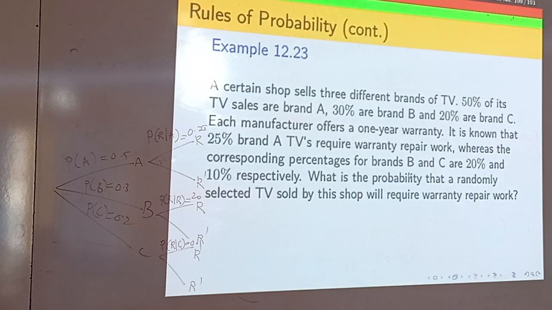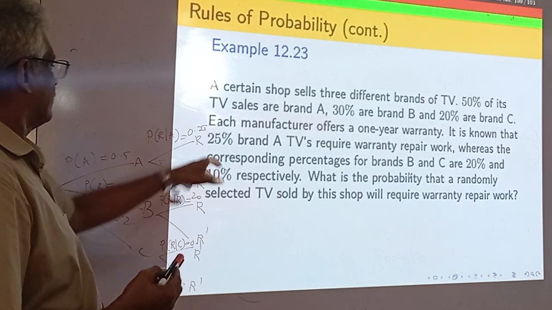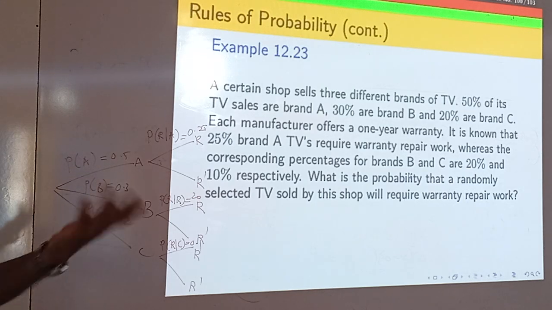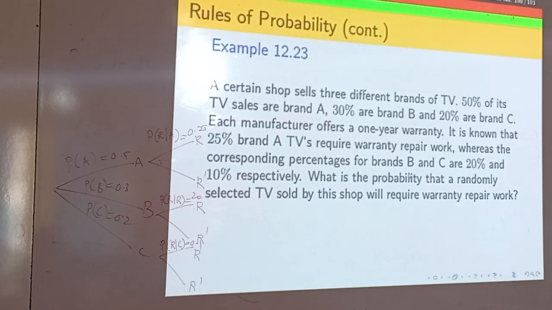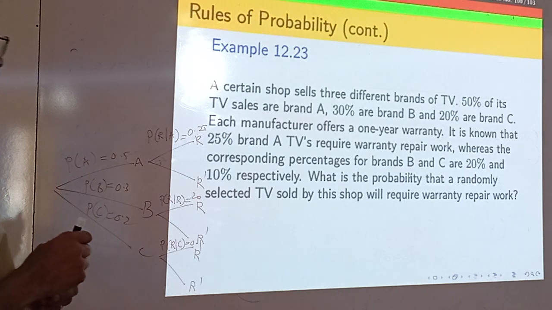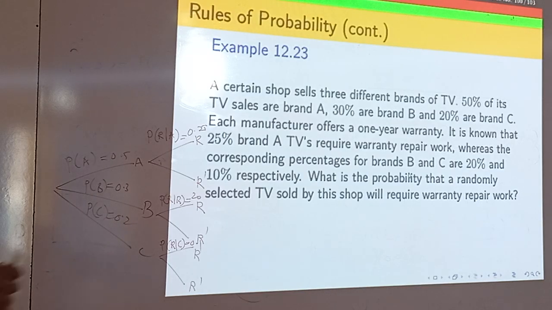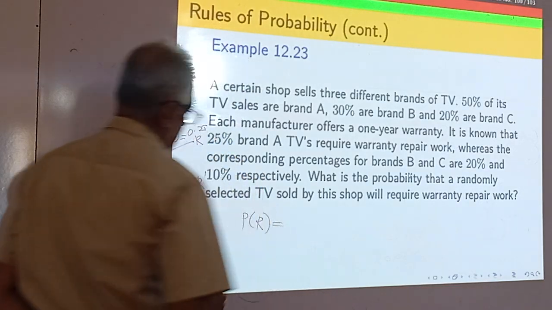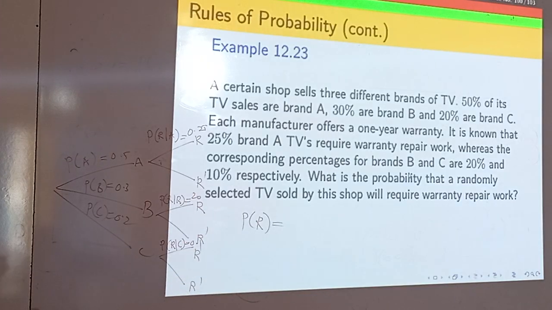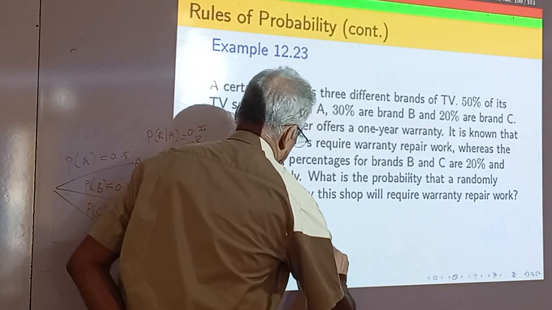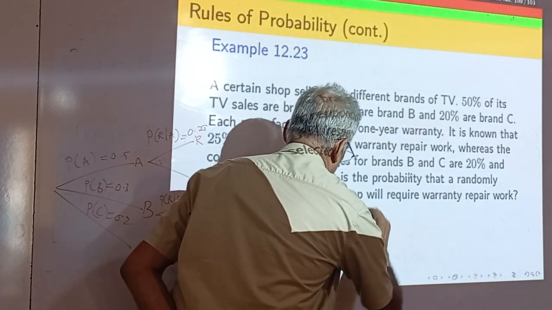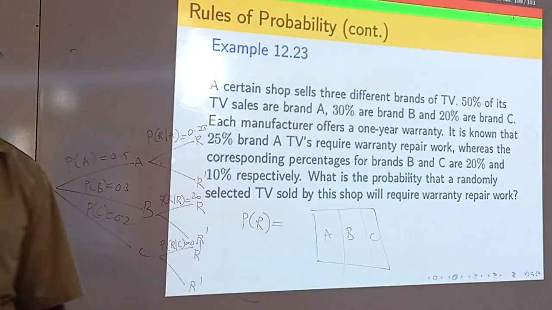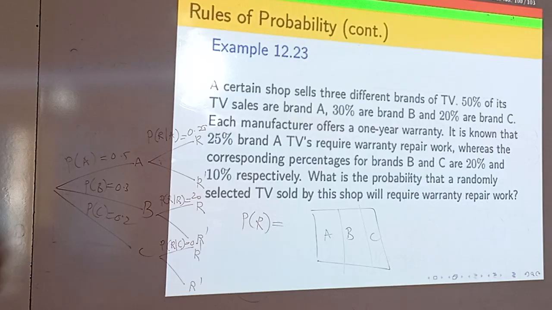Right. So if you want to find out the probability of R, for example, what is the probability that a randomly selected TV sold by this shop will require warranty repair? Right? So the probability of R is like B, because this is a situation where you have three mutually exclusive and exhaustive events. A, B, C are mutually exclusive and exhaustive.